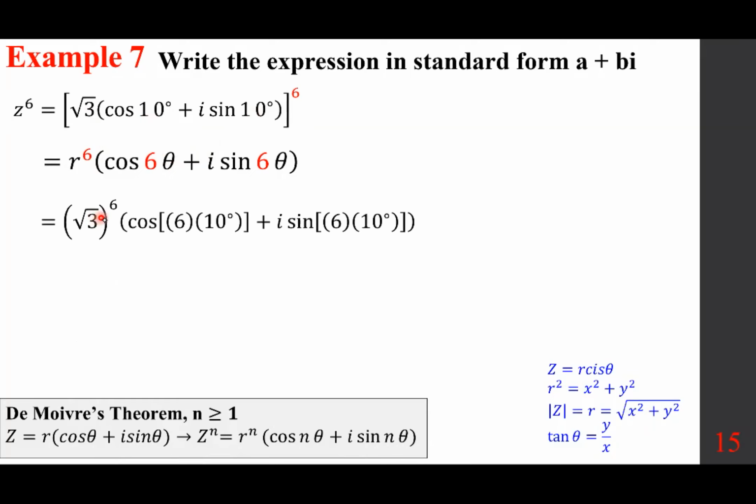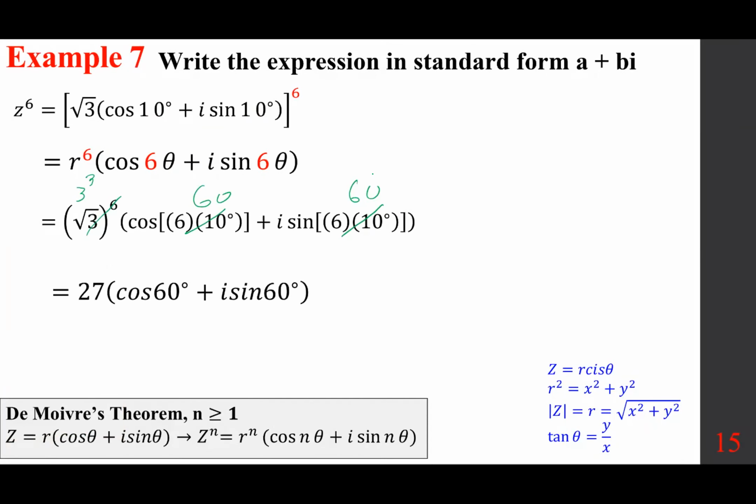This one, of course, is 3 cubed, which is 27. And this is, of course, 60 degrees. So 27 cosine of 60 plus I sine of 60. And as you know, cosine of 60 is 1/2, and sine of 60 is square root of 3 over 2.